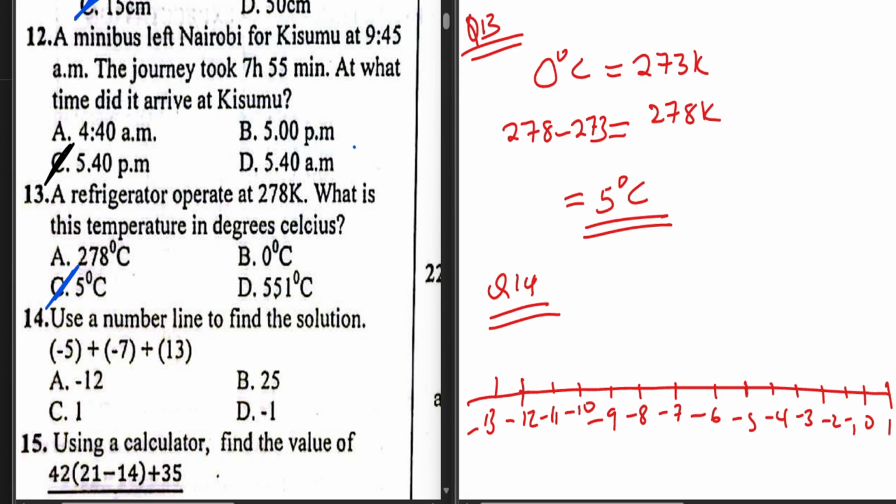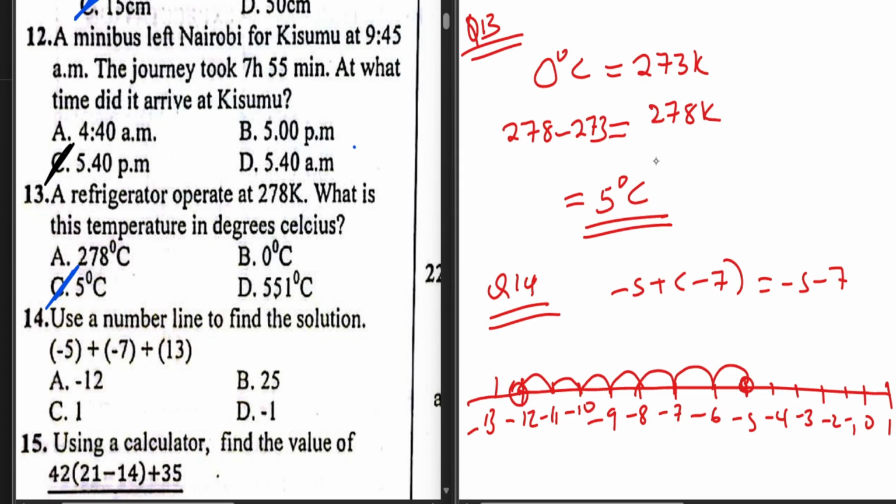Now, -5 plus -7 is just the same as saying -5 minus 7. So -5 being here, you're going backwards 7 times: 1, 2, 3, 4, 5, 6, 7. So you're at -12.